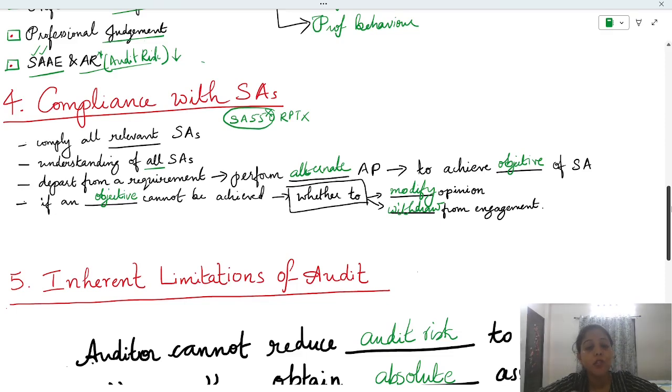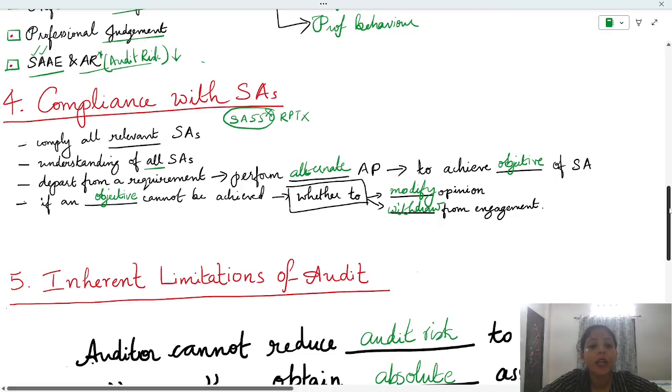If a particular procedure cannot be done, then the auditor shall perform an alternative procedure in place of it, but he has to achieve the objective of the standard. If an objective cannot be achieved, then he has to evaluate whether he is able to achieve it. He has to modify the opinion, or he may have to withdraw from the audit engagement.